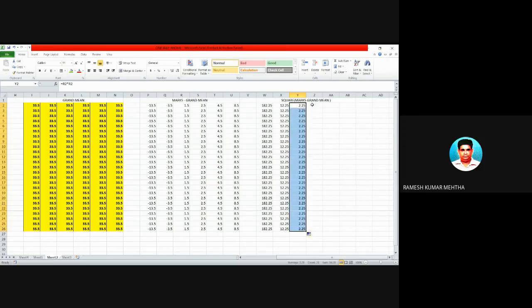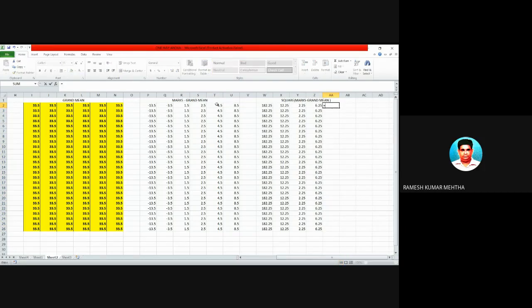The fourth one is 2.5 into 2.5, which is 6.25, then drag it. The fifth one is 4.5 into 4.5, then drag it. The last one is 8.5 into 8.5.